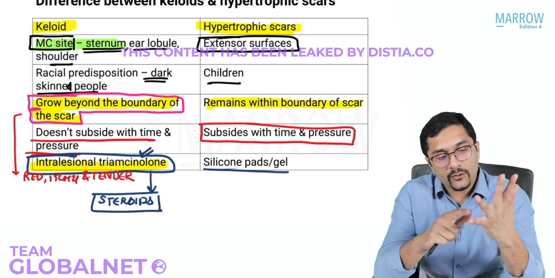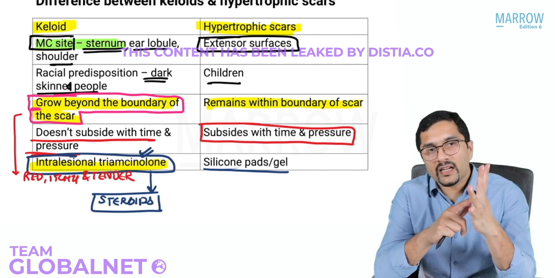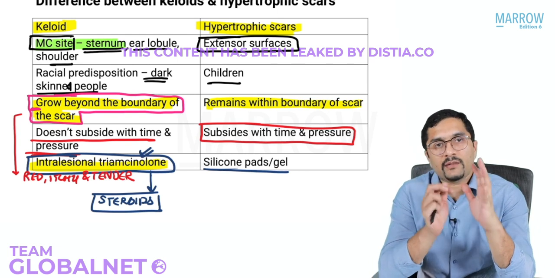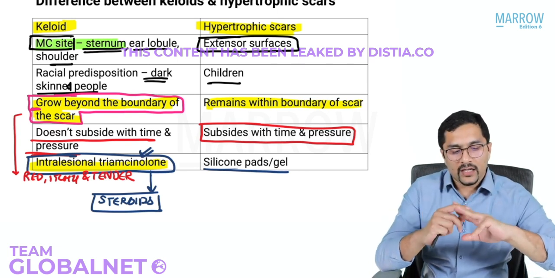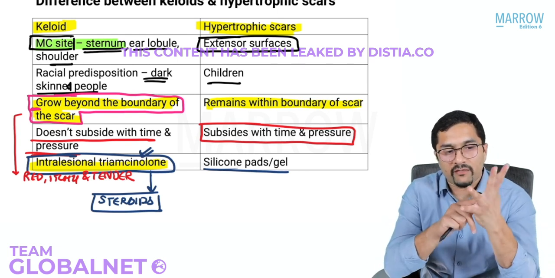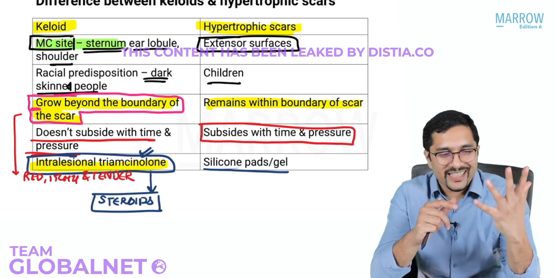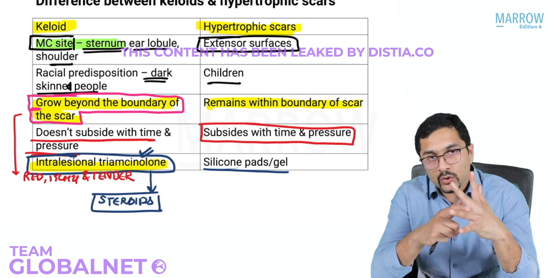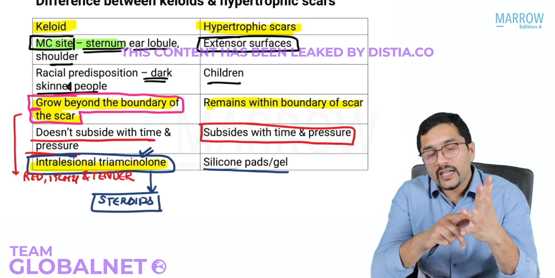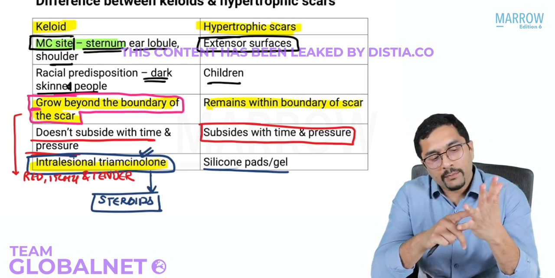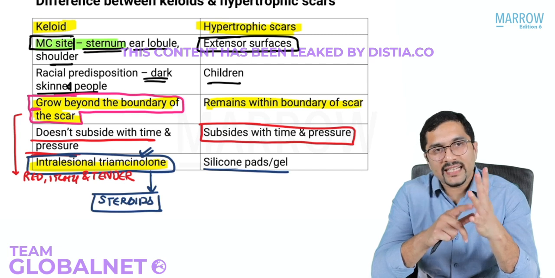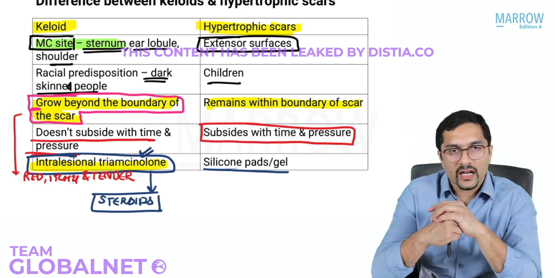So I just want to tell you that while playing cricket, I had a split webbing, right? I was taking a catch and the leather ball, it split my webbing. Right, so this was my left hand, this was my operative hand, so I had to be very careful. So the plastic surgeon took sutures here. She did a very good job, but because of the site, I started developing a hypertrophic scar here.